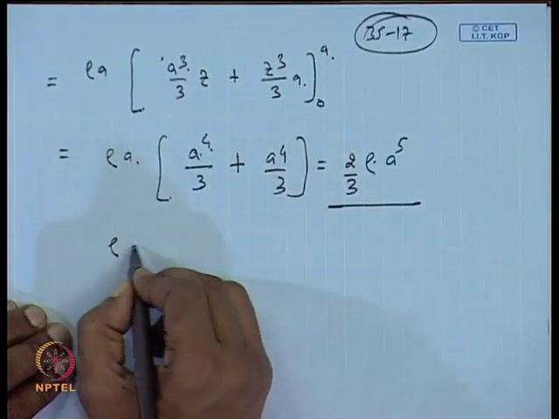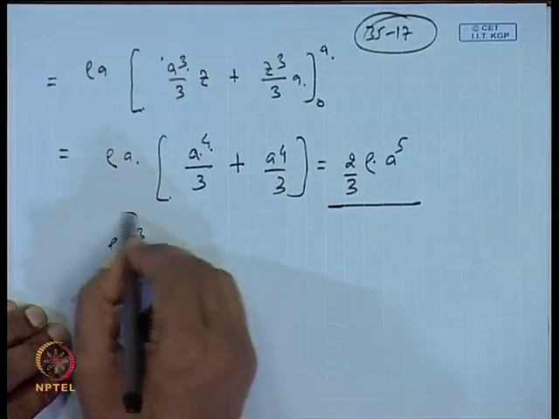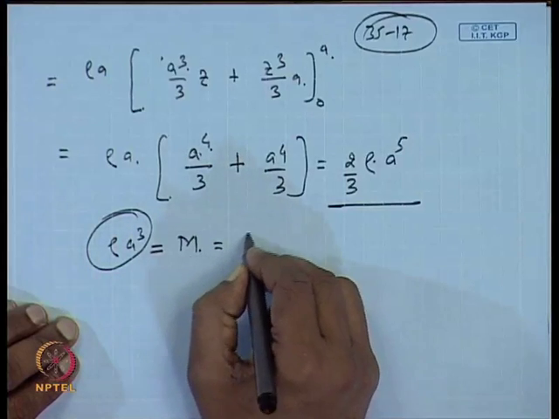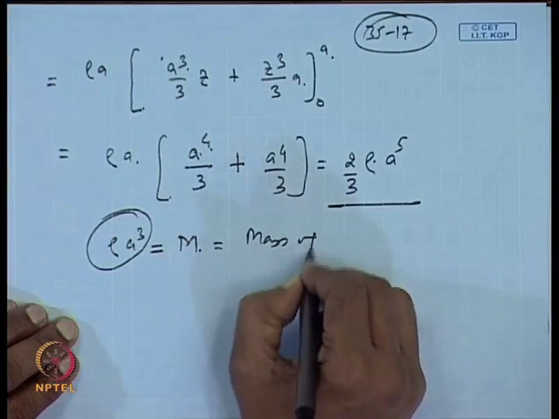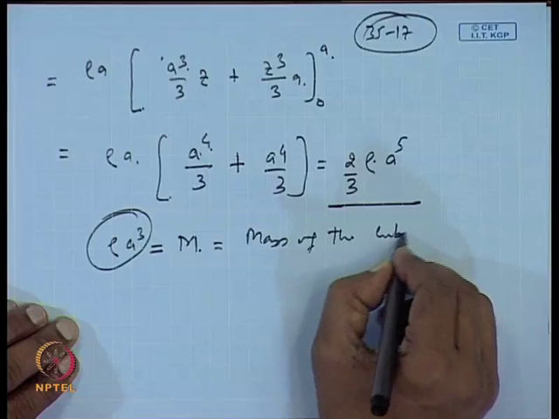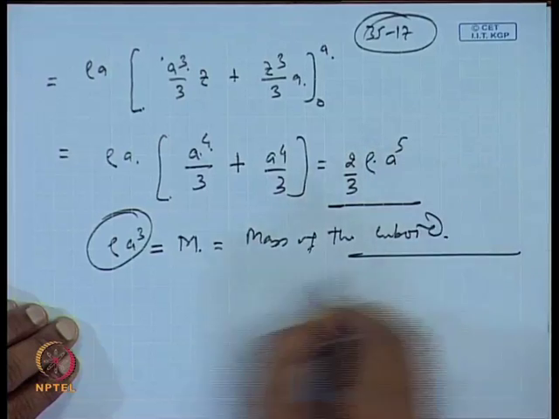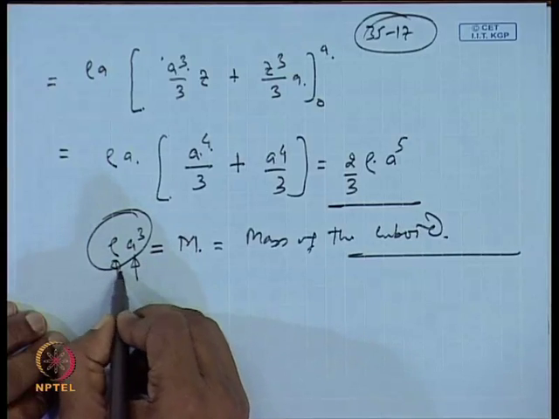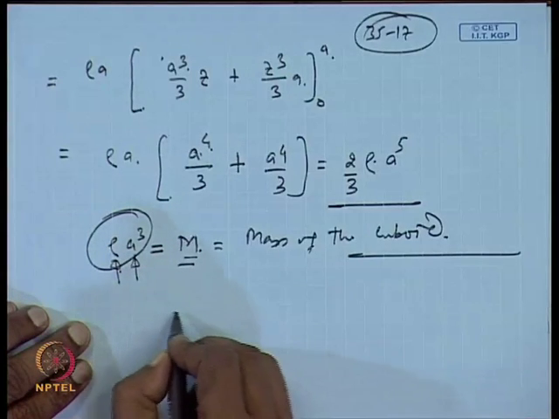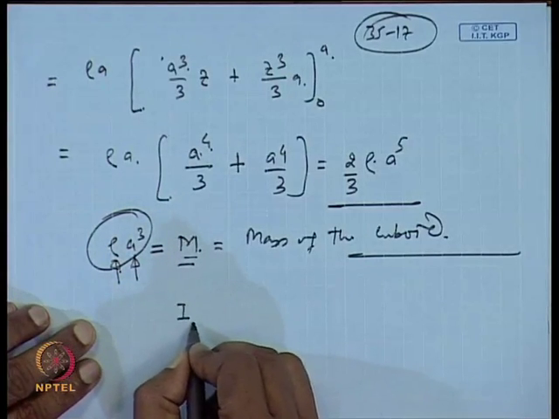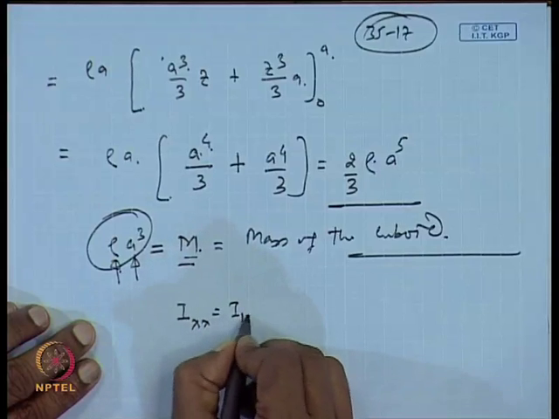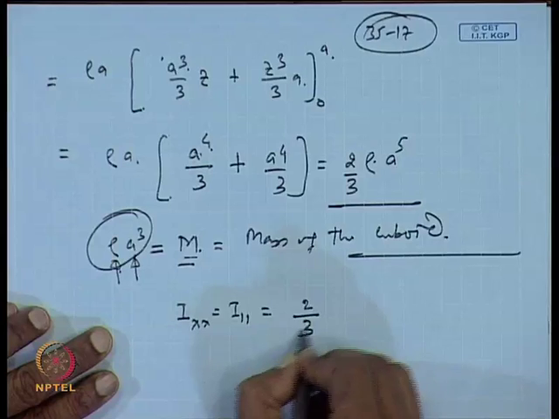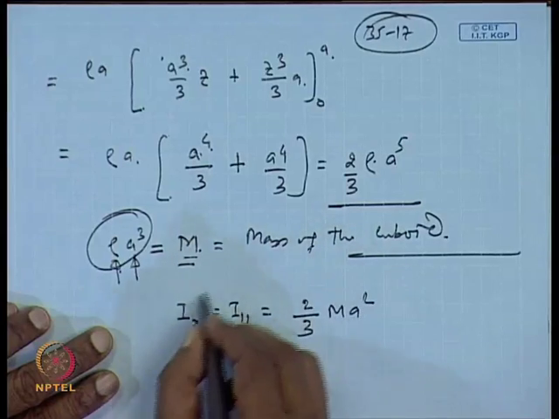Now, rho times a cube, this is nothing but the mass of the cuboid. A cube is your volume and multiplied by density, this is your mass. So, we can write here that I x x equal to I 11, this is nothing but 2 by 3 m a square.